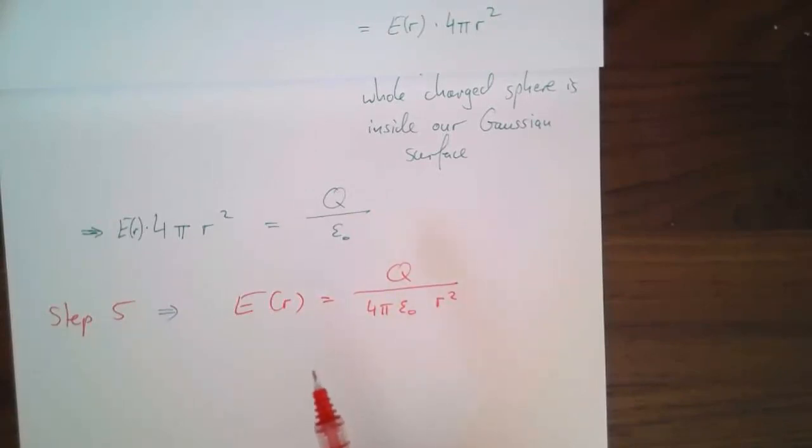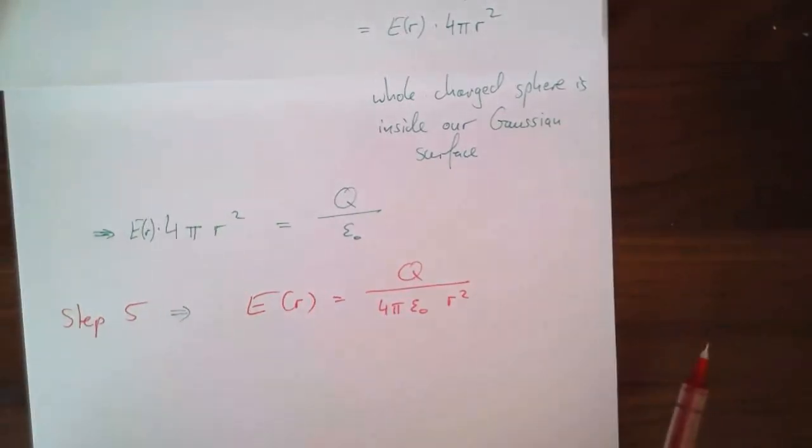I use the distance between myself and the center of the Earth. I pretend all the mass is in the center, and that's okay because, as we've shown here for electric fields, as long as you're outside the sphere, the law is exactly the same as if all the charge had been in the center. Actually, we're going to come back to the gravitational field for the Earth later on. But this is our final answer.